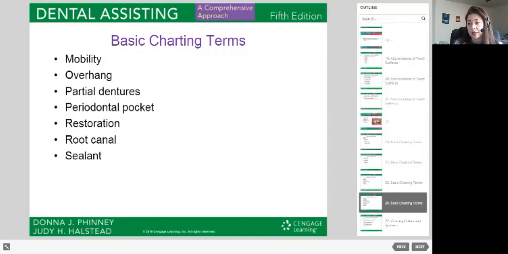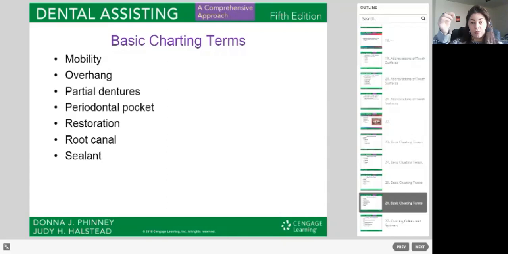Periodontal pocket is the space in the gingival sulcus created by periodontal disease. The space is measured in millimeters. So when you go to the dentist and you're getting your teeth cleaned and they start calling out 3, 2, 3, 3, 2, or 5 or 7 or whatever it is, those numbers are the pockets that they're measuring.